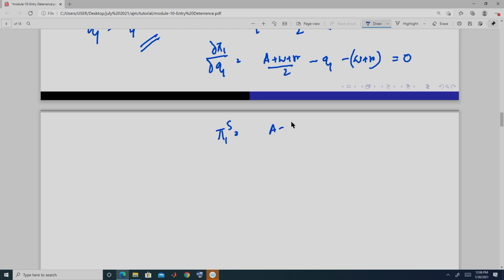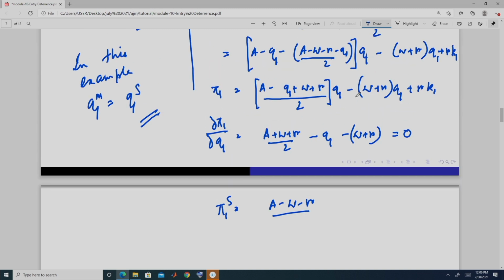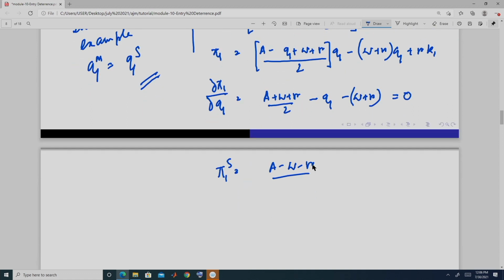So, this Stackelberg profit, you can write this A plus A minus, because if you take this common, you get this minus A minus, this plus.